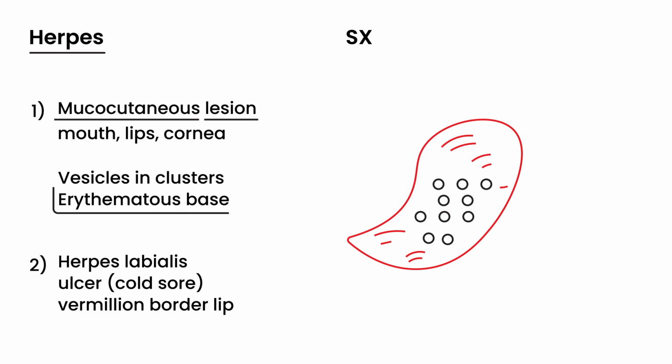And the last one, which I don't have enough space for, is genital herpes, the most common one. And in fact it's the most common ulcerative sexually transmitted disease in the world.